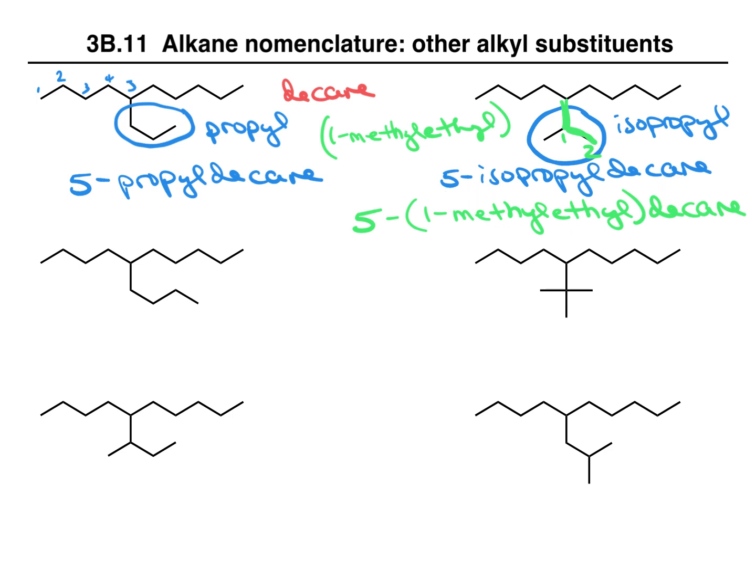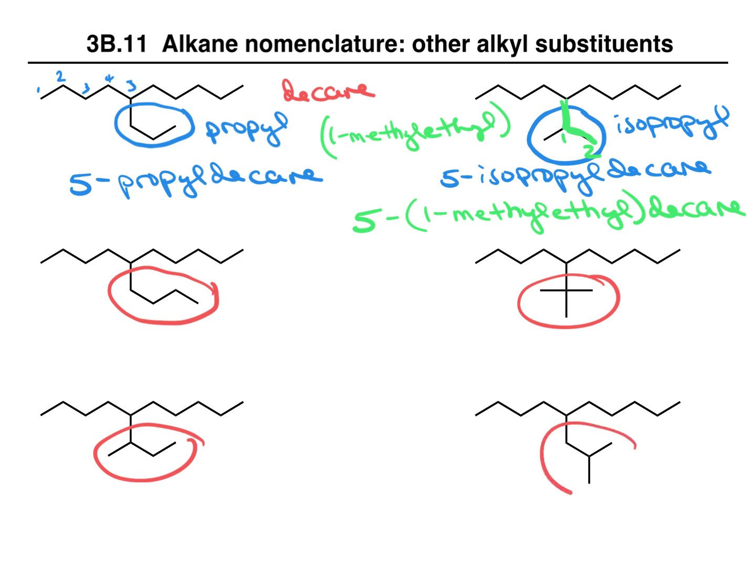The next few, we are looking at 4 carbons, 4 carbons, 4 carbons, and 4 carbons. If we think about the common name, this would be an n-butyl group. This one is a tert-butyl, where this carbon in the branch itself is connected to 3 other carbons. So this is a tertiary, so it's a tert-butyl or t-butyl.